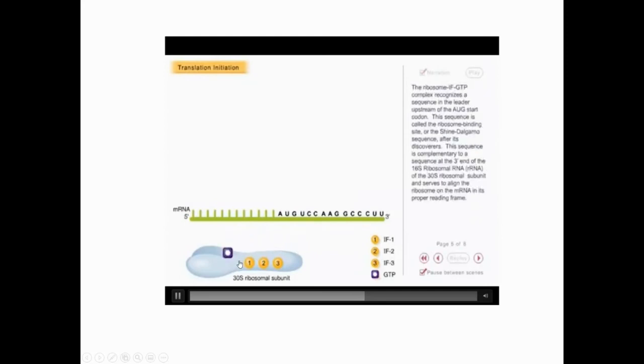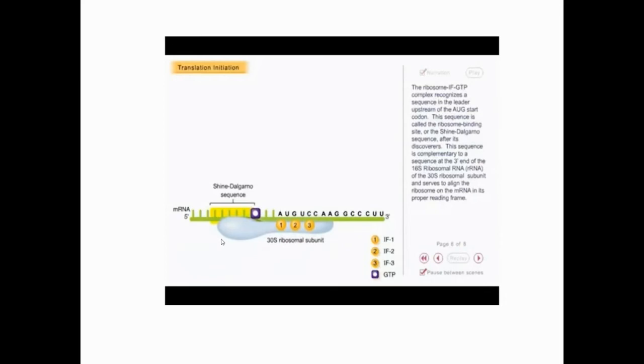The ribosome IF-GTP complex recognizes a sequence in the leader, upstream of the AUG start codon. This sequence is called the ribosome binding site, or the Shine-Dalgarno sequence, after its discoverers. It is complementary to a sequence at the 3' end of the 16S ribosomal RNA of the 30S subunit, and serves to align the ribosome on the mRNA in its proper reading frame.